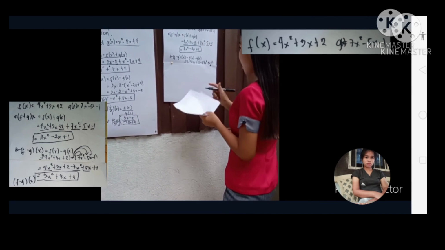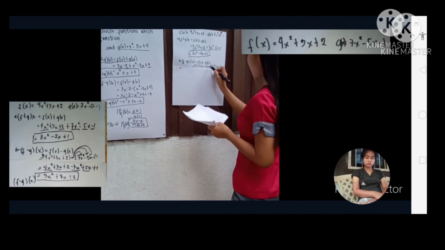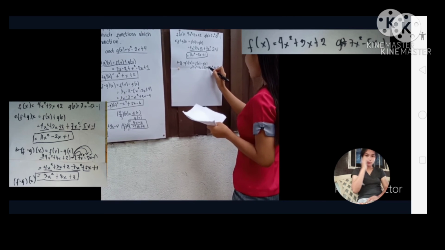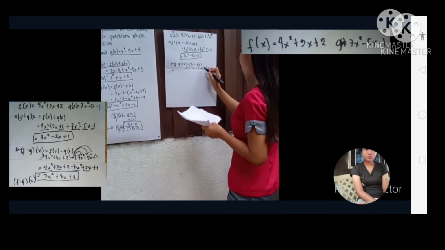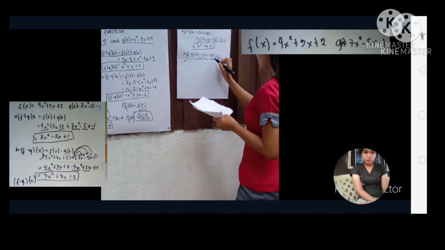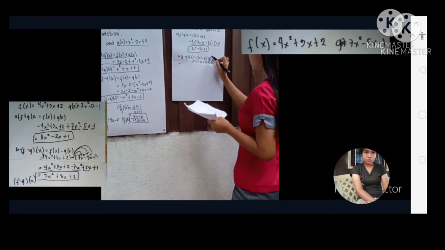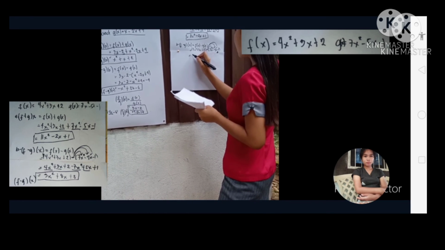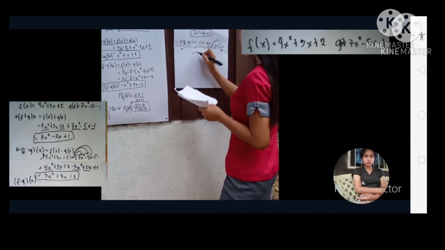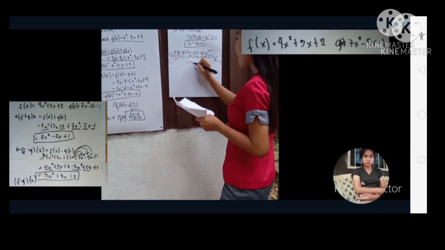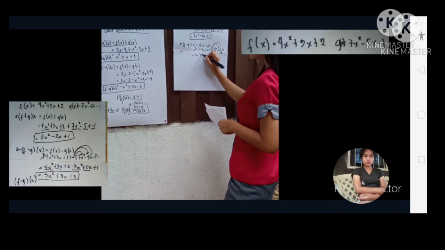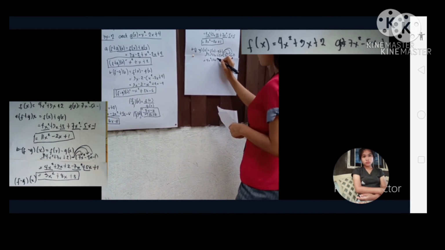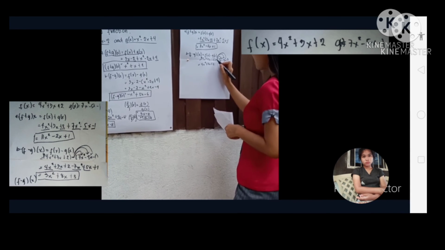The next is we multiply the negative sign because of the value of g of x.